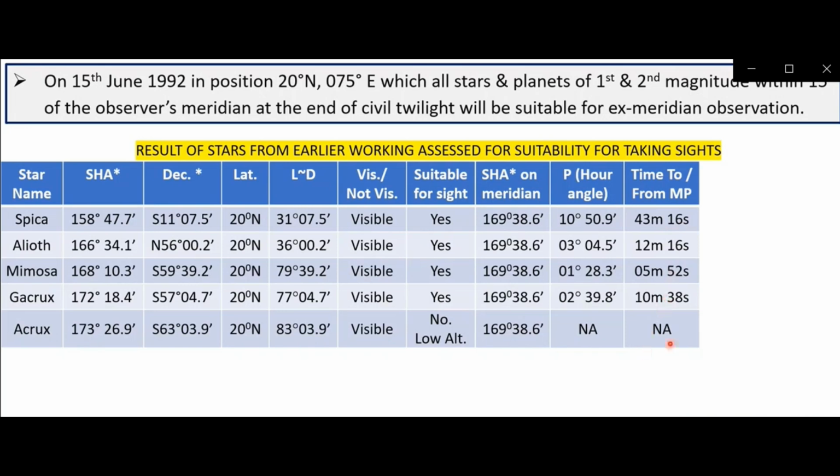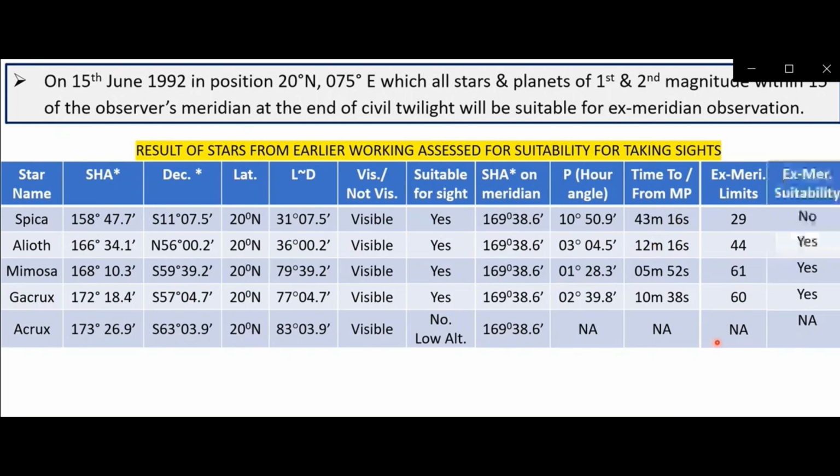Now we use nautical tables and get the ex-meridian limits. We have used the Norie's tables to get the ex-meridian limits. So these ex-meridian limits are as per the Norie's table: 29 minutes for Spica, 44 minutes for Alioth, and the others as listed. We compare these ex-meridian limits obtained from nautical tables with the time to or from Marpas that is calculated.